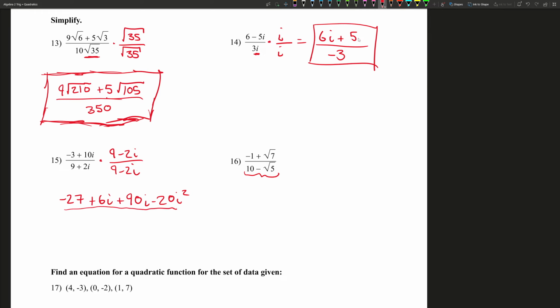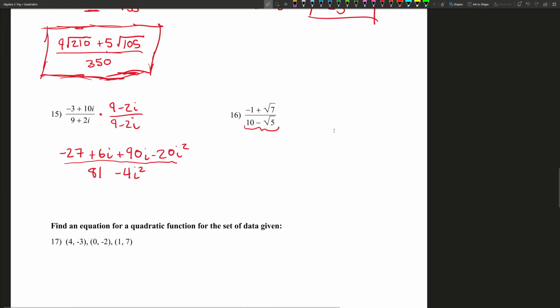Then we FOIL the bottom, and we get 81 minus 4i squared. When we simplify, negative 20i squared becomes positive 20. So we get negative 7 plus 96i over 81 plus 4, that's 85. So this is our answer.